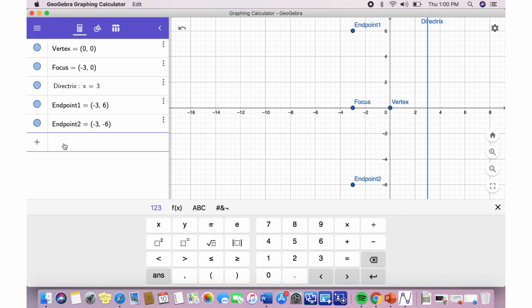You may also connect endpoint 1 to endpoint 2 to show the latus rectum of the parabola.